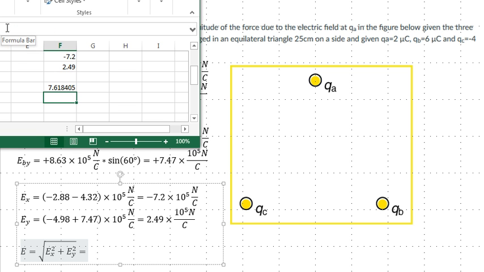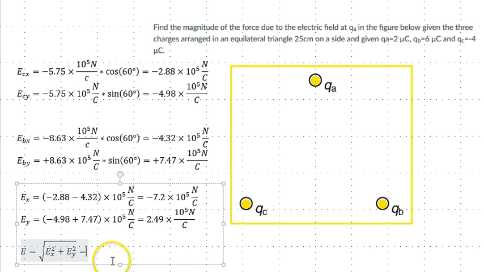The 10 to the fifth is common to everything, so it factors out. 10 to the fifth squared, square root is 10 to the fifth. So 7.62. What I get here is 7.62 times 10 to the fifth newtons per coulomb is the total electric field.